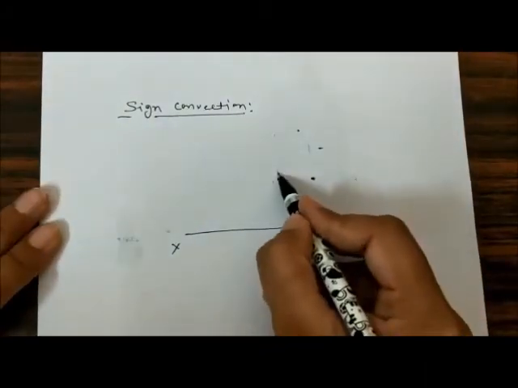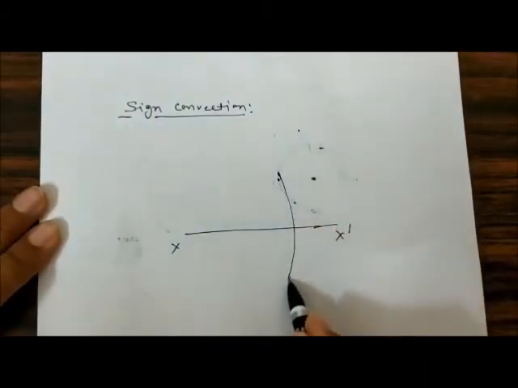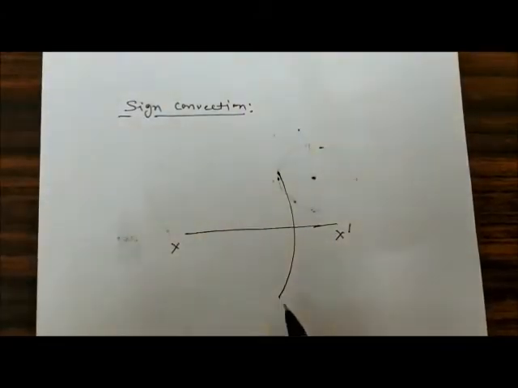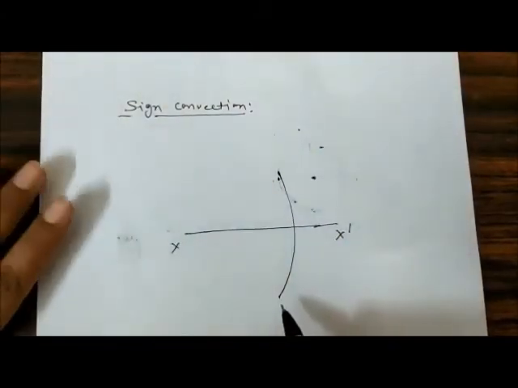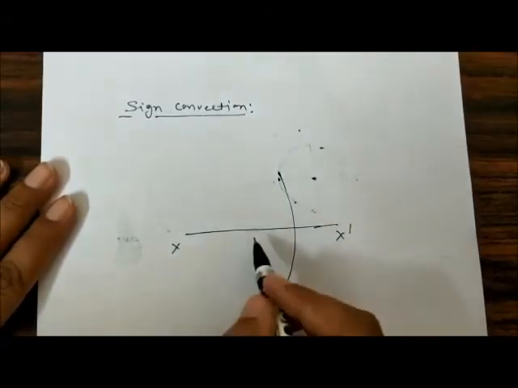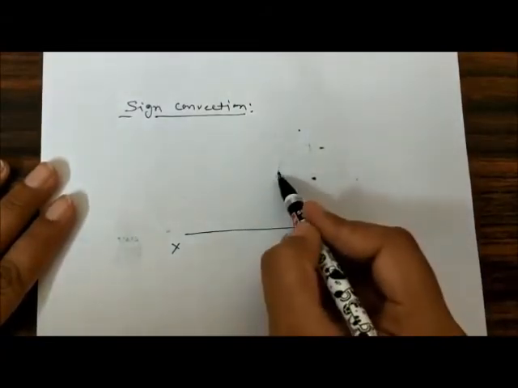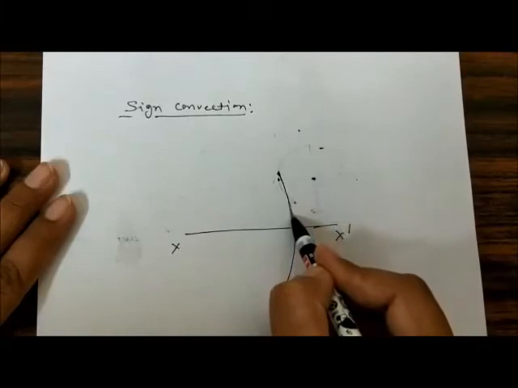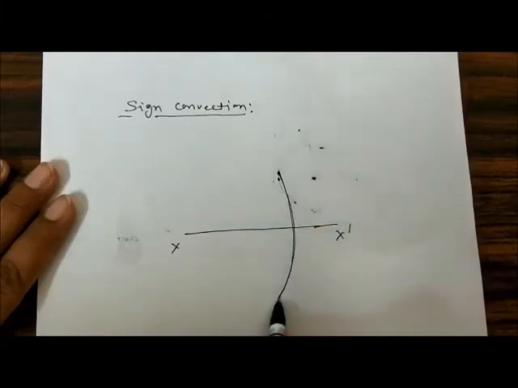Suppose this is a mirror. The conventions are as follows. The object is always placed to the left of the mirror, either concave mirror or convex mirror. Suppose this is a concave mirror.